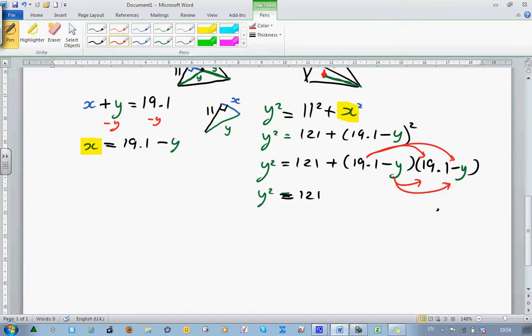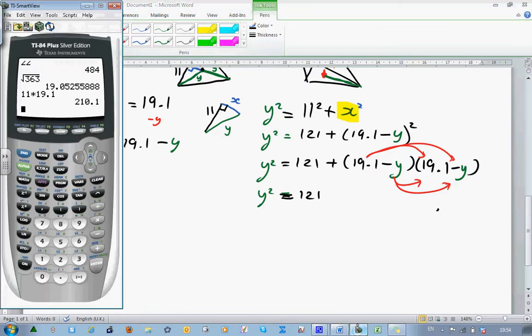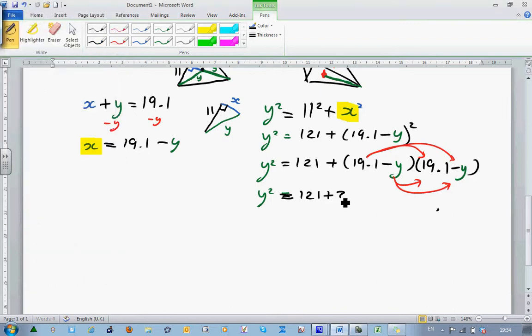We're going to take away 19.1y, and we're going to take away another 19.1y. We're going to add on y squared.